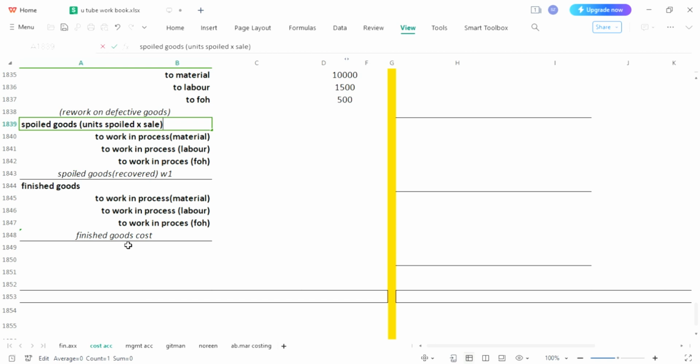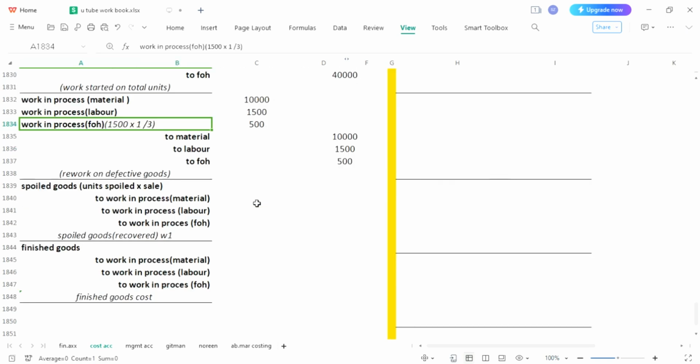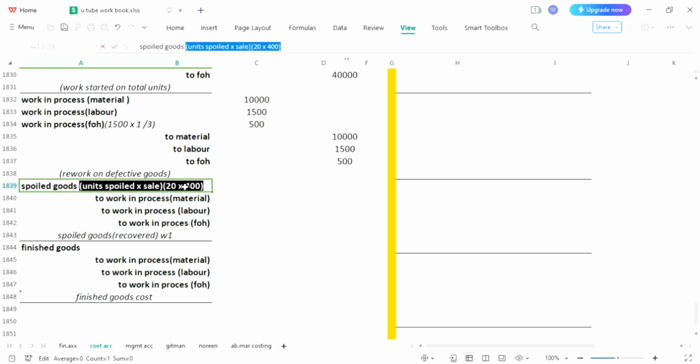And this is mentioned over here, final inspection 20 kg spoiled and per unit 400. So 20 and 400 is our requirement. 20 units were spoiled and you need to multiply per unit sale price, which is 400. In this way you have completed your calculation for spoiled goods.